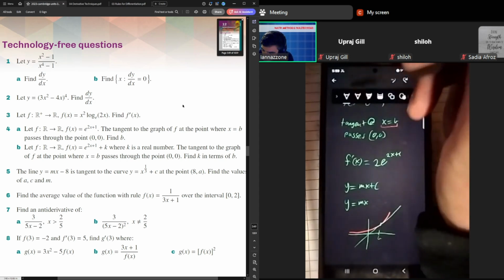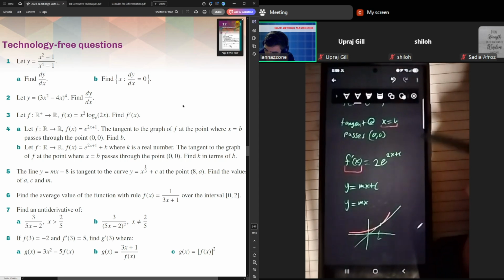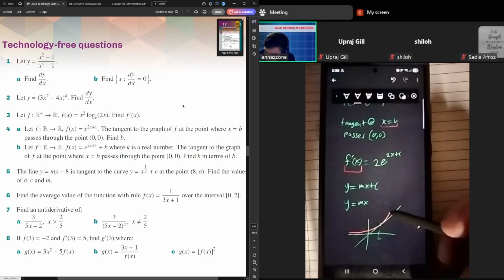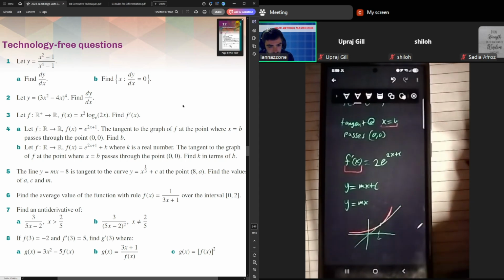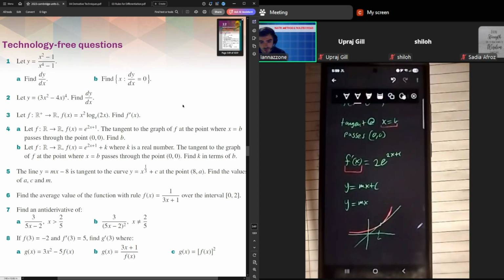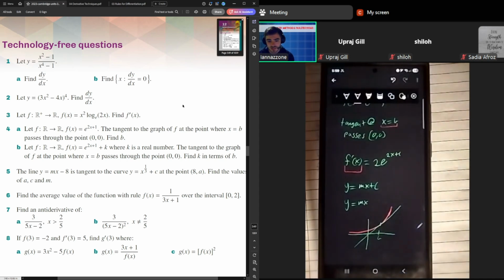But yeah, the thing I'm looking for here is using f dash x. So if I wanted to find the gradient at any point on this red line, I could sub in a specific x value that I know into my derivative, and that will give me the gradient at that spot. The key thing to consider here is that the gradient of the tangent line is the same thing as the gradient of the function at that spot.